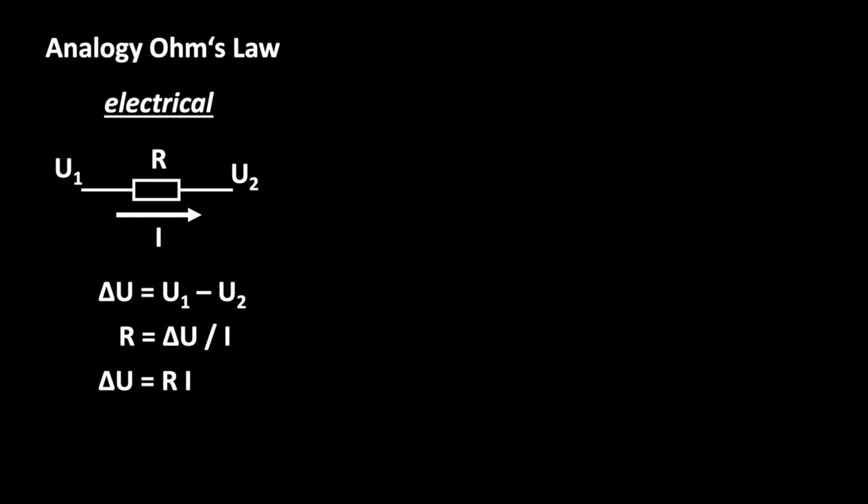And this means that if we apply two voltages, U1 and U2, to a resistor R, then a current I results from the differential voltage delta U divided by the resistor. Conversely, the differential voltage delta U can be calculated from the resistor R times the current I.